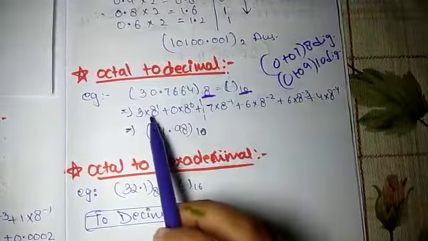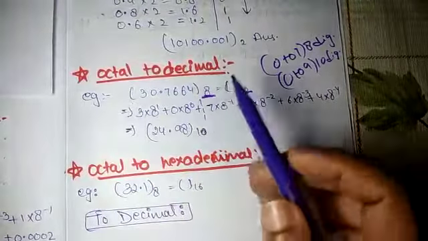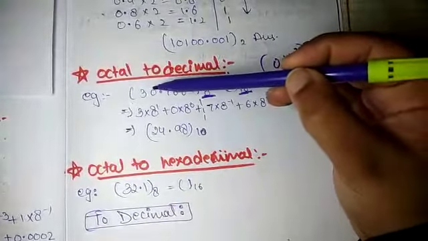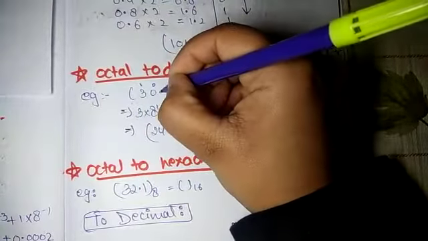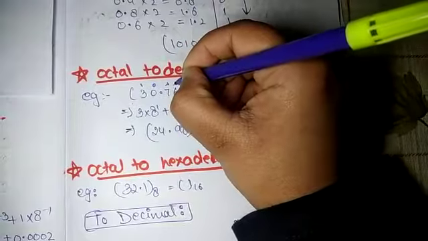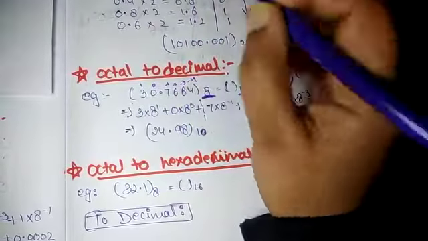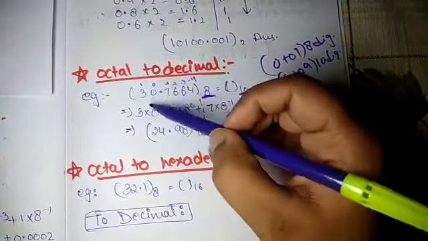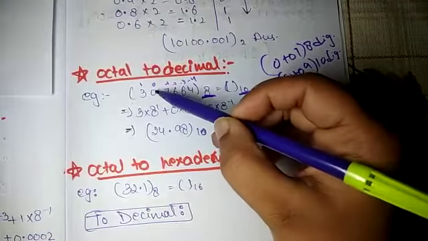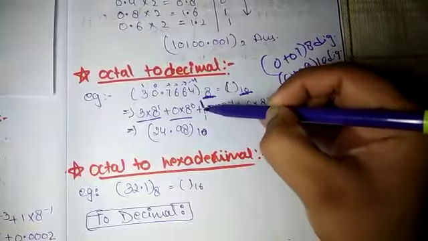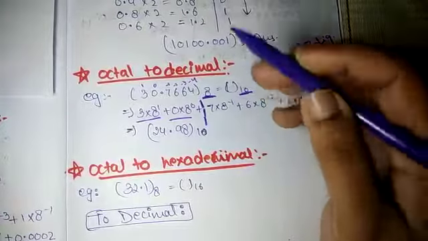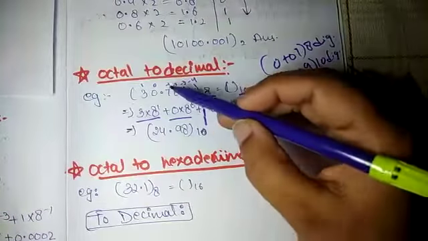We do the same thing which we have applied before: here the power of 8 will be 0, here the power of 8 will be 1, there is a point, and after that there will be minus 1, minus 2, minus 3, minus 4, like this. So 3 will be multiplied by 8 power 1, plus 0 multiplied by 8 power 0. There is a separation over here only for our convenience.